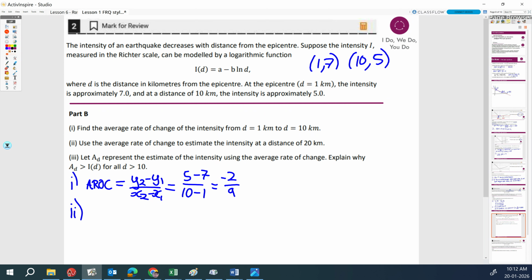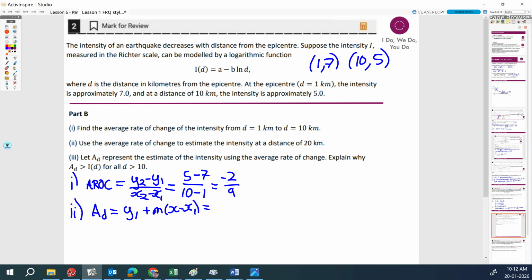Use the average rate of change to estimate the intensity. So this is your secant line, and I'm just going to look at the next bit. In the next bit, it calls the secant line A of D. So A of D is equal to y1 plus m bracket x minus x1.